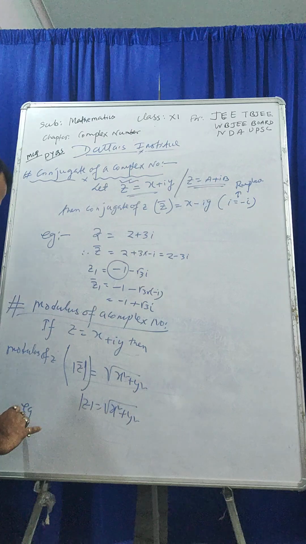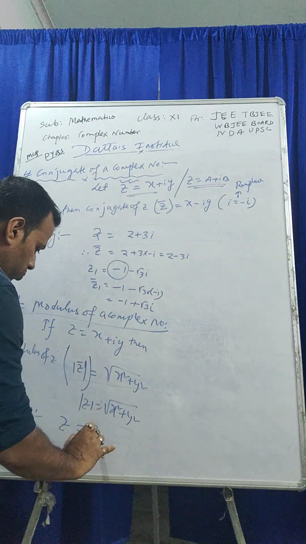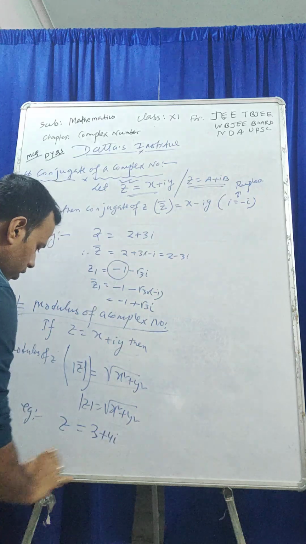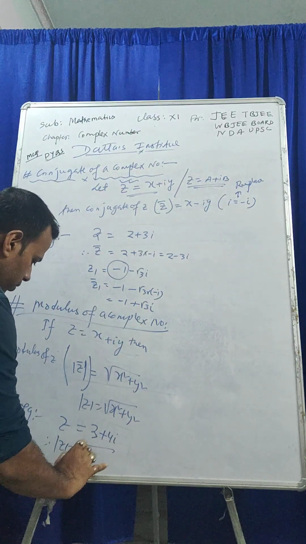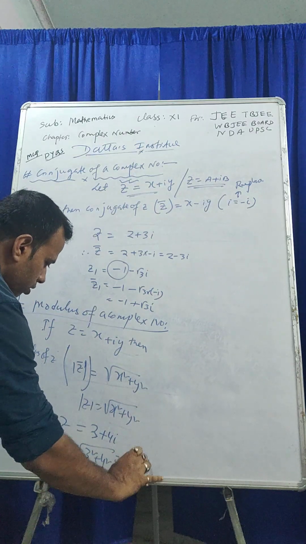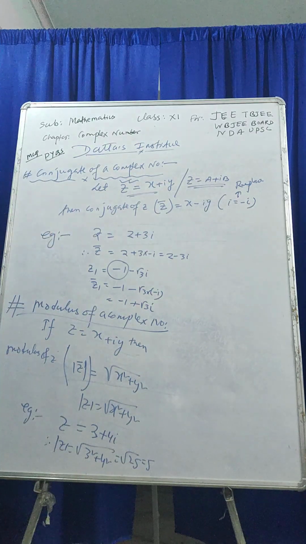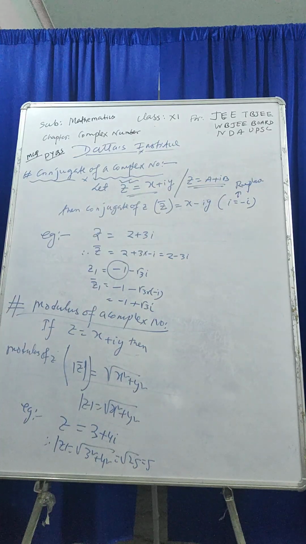So let me take one example. Suppose z is equal to 3 plus 4i. So therefore mod z will be what? Root under 3 square plus 4 square, that is root 25, which is 5. Got my point?